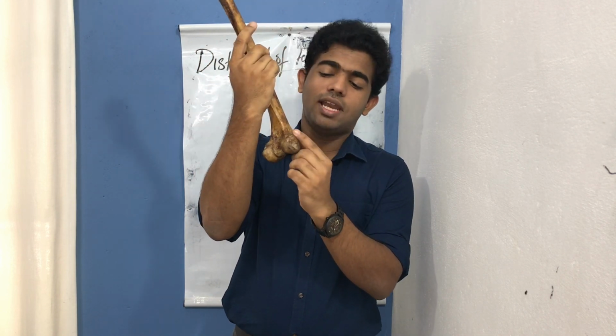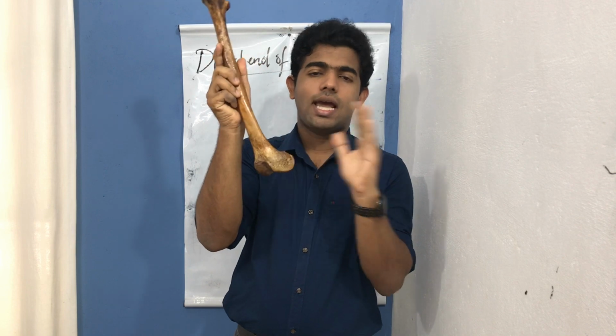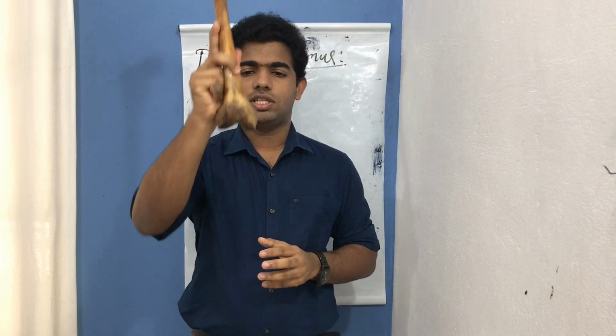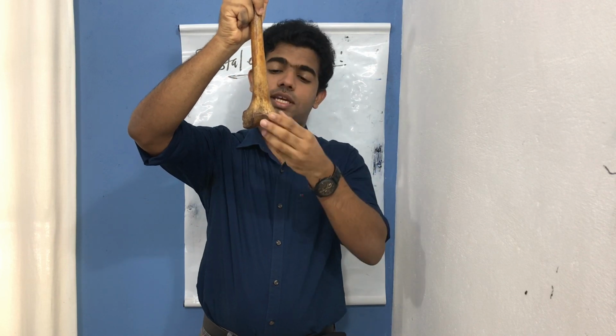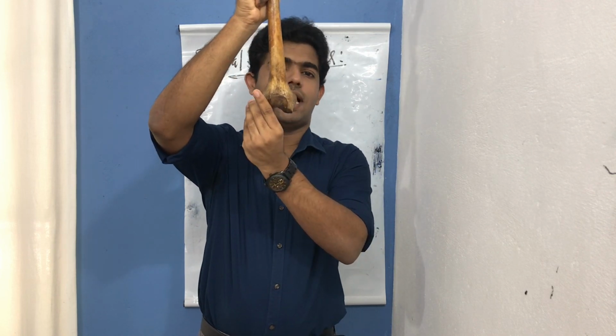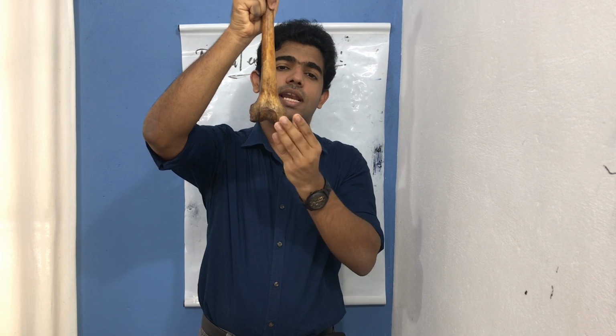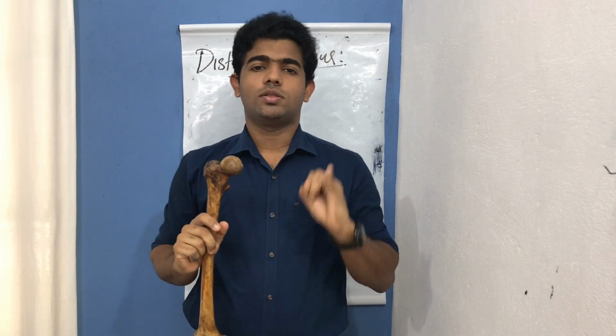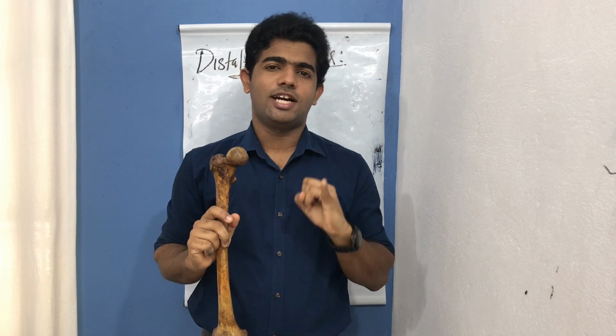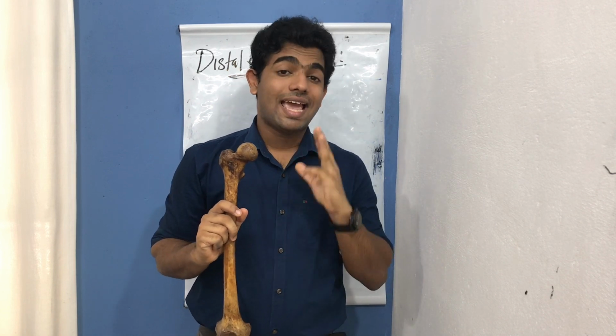Right here you have the lateral epicondyle, but we need not worry about the epicondyles. Biomechanically, it has the medial and lateral condyles. So that's the first point: the distal end of the femur is made up of a medial condyle and a lateral condyle.